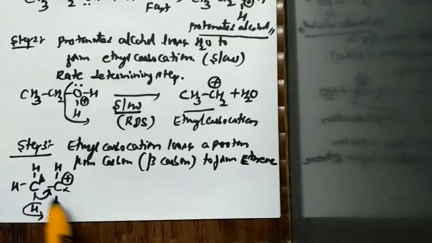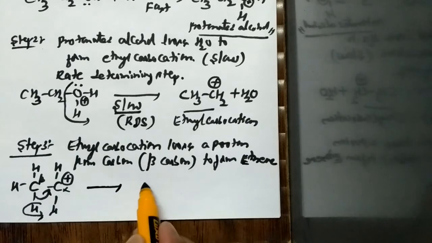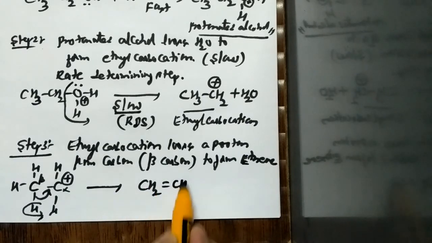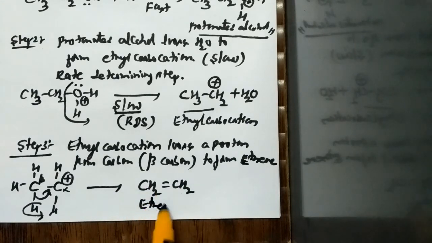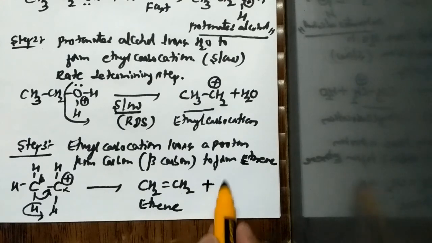This bond pair of electrons will shift between here, so that it gives rise to CH2 double bond CH2, which is called ethene, along with the formation of a proton. So these are the 3 important steps by which the mechanism can be understood, which is known as dehydration of alcohols, or it can also be called conversion of alcohol to alkene.